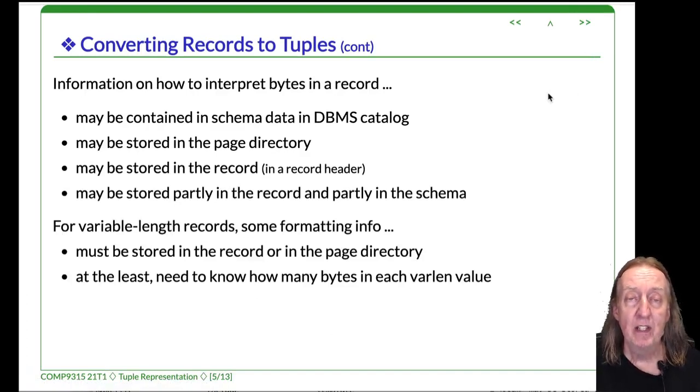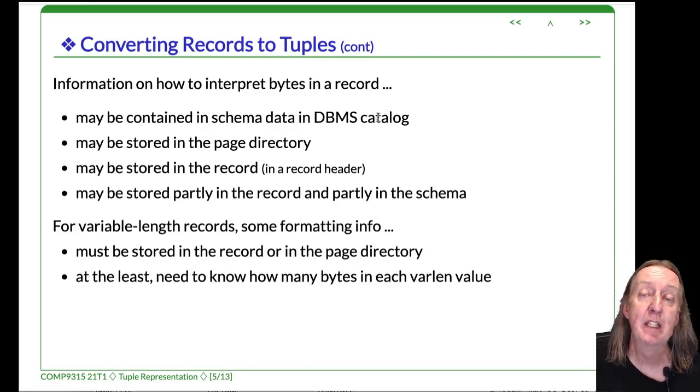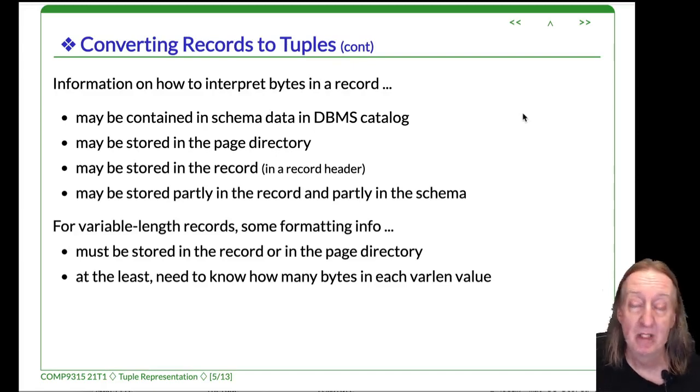Alright, so in fact there are a number of places where the information that allows us to interpret those bytes might be stored. If we've got a fixed size record, for example, all of the information that we need could be in the DBMS catalogue, because the catalogue will say what the name is, which is important, I guess, but what's the type?